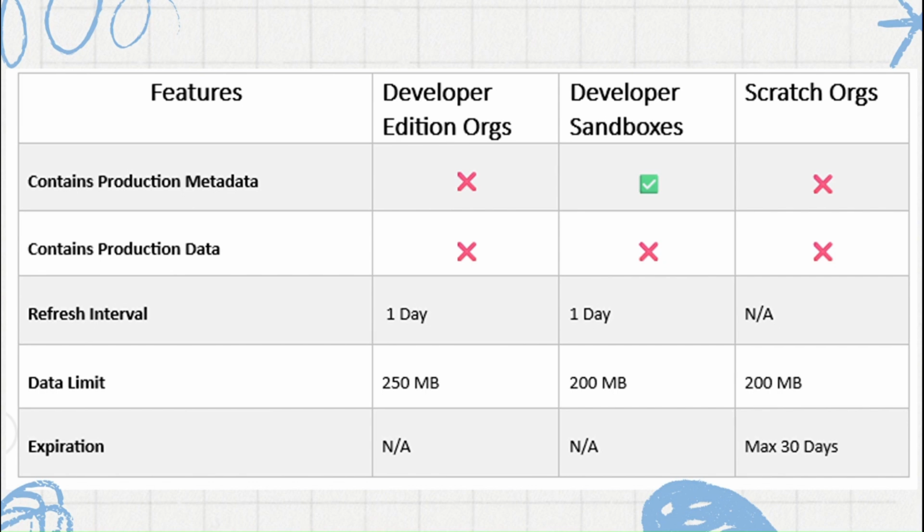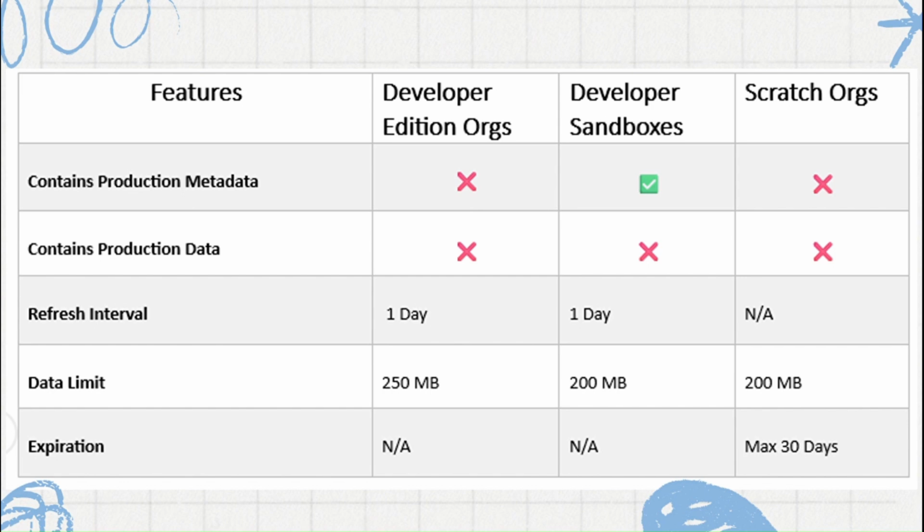Contains production data: none of these three orgs have it. Coming to refresh interval, developer edition has 1 day and developer sandbox has 1 day, but scratch orgs have none.